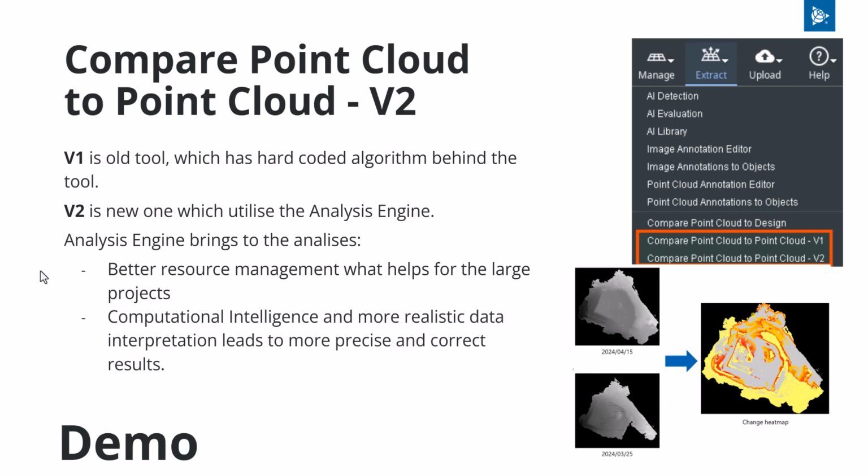So first of all, it's better in terms of resource management, which helps for large projects. Also, computational intelligence of the engine and more realistic data interpretation lead to more precise and correct results.